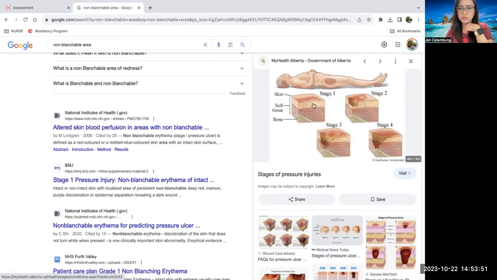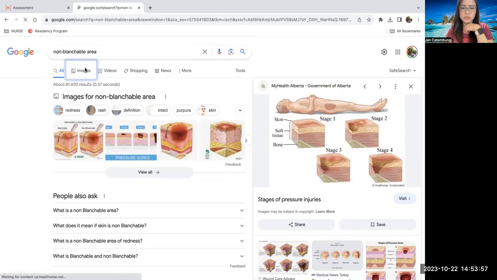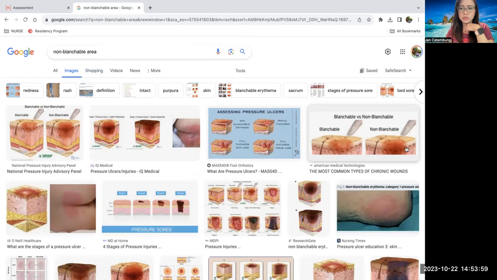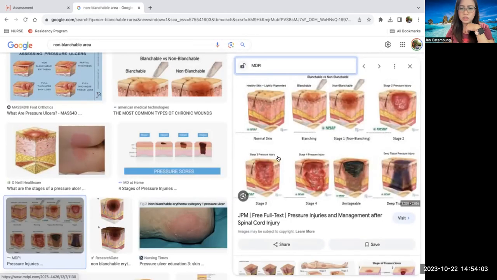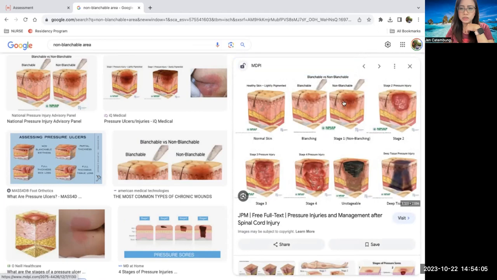This is stage 1, stage 2, stage 3, stage 4. Non-blanchable area.